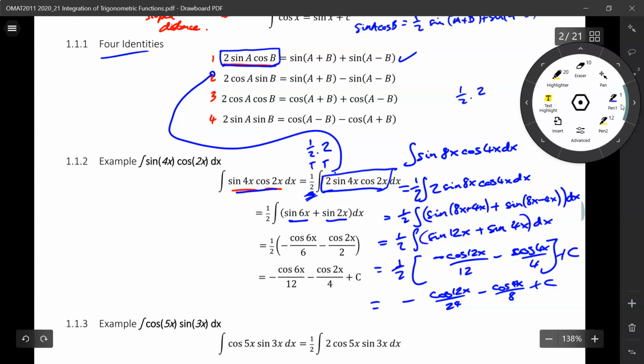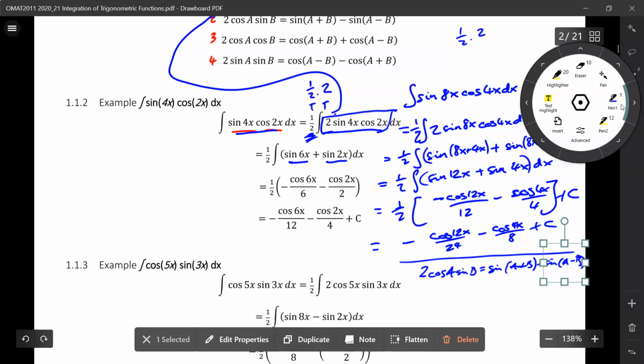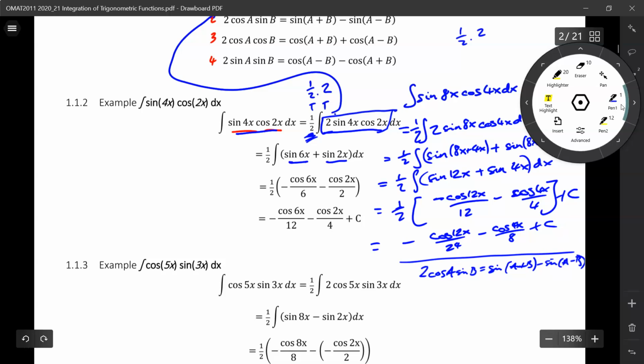So you can see if you use the second one, 2 times the cosine of a times the sine of b is the sine of a plus b minus the sine of a minus b. And that gives us, first of all, once again, we introduce the half and the 2.